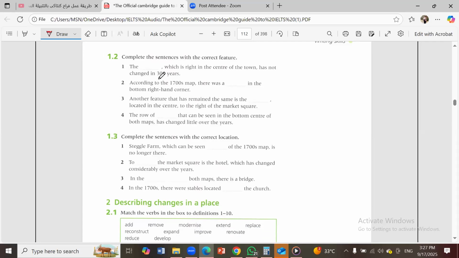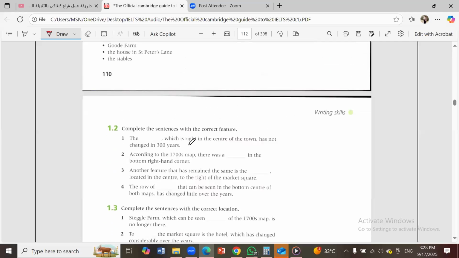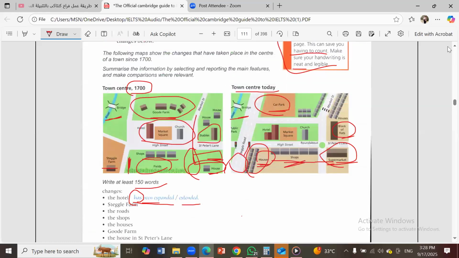So the what, which is in the right center of the town, has not changed in 300 years. What is stable? What is the thing that did not change in the right of the town?